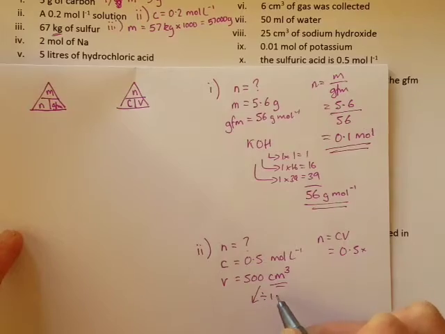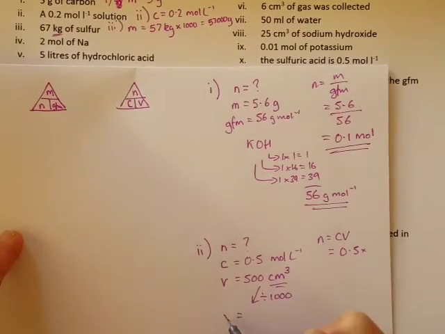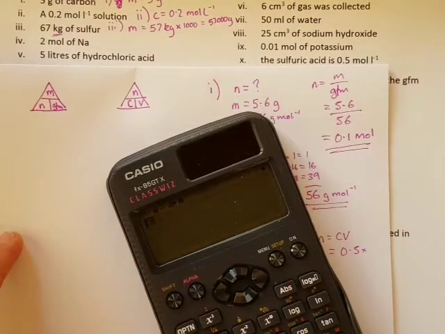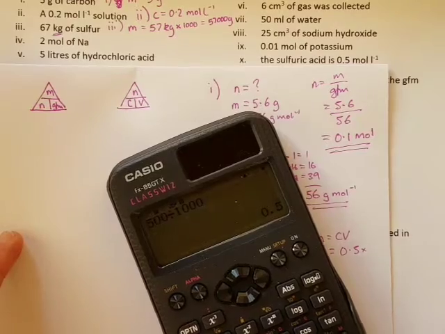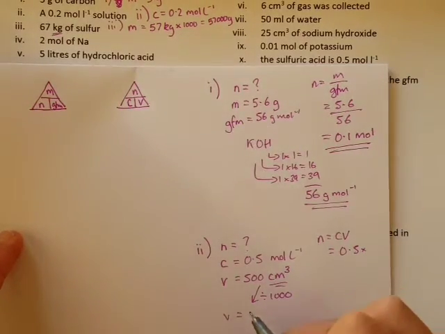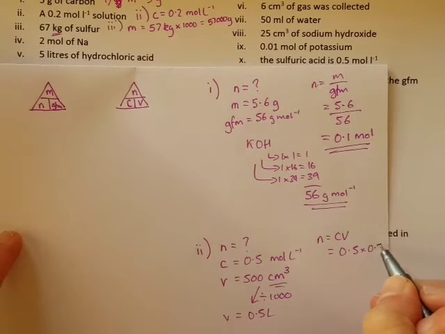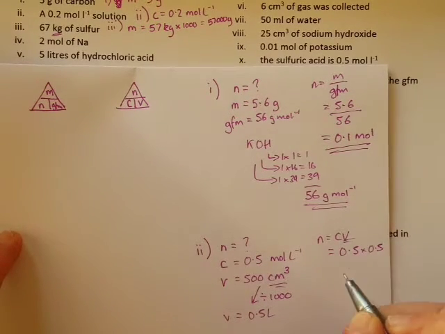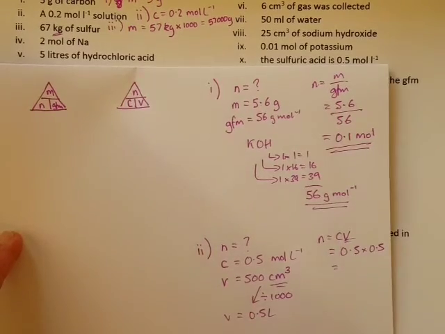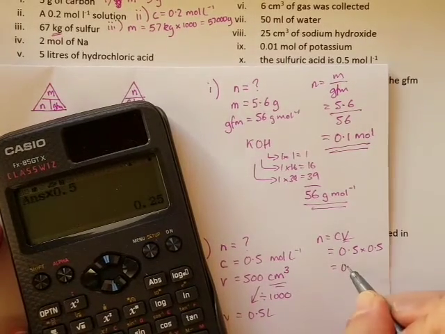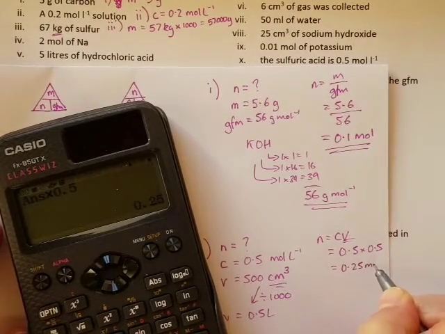So I'm going to divide that by 1,000. Again, use the calculator, no point in making a silly mistake. 500 divided by 1,000 equals 0.5. I've converted that to litres now, so I'm going to do 0.5 times 0.5 because the volume has to be in litres. And then my answer will be 0.25 mole.